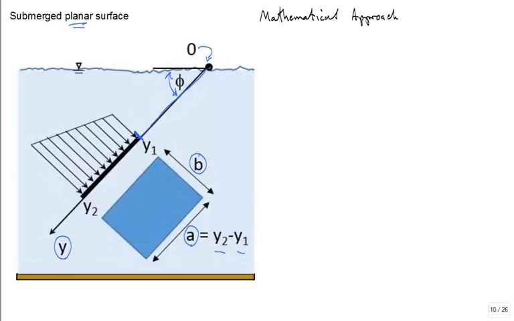Here's a planar surface at some orientation phi. So what I need is an expression for the pressure as a function of y. Y is an axis. It's a coordinate. Can you get the pressure at any point as a function of y, where I would use it to evaluate y between y1 and y2?